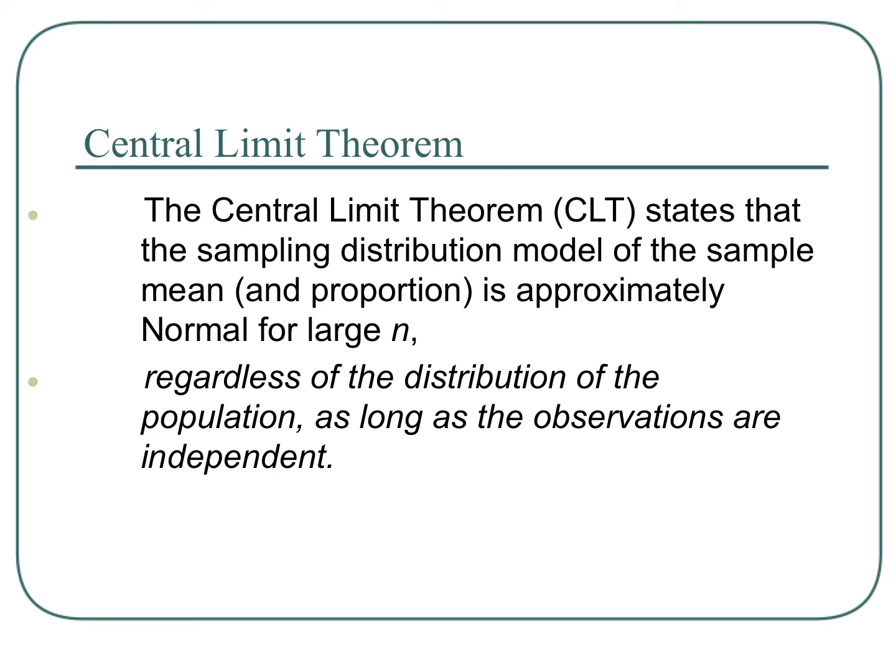If I take 25 or 30 people, average their income, put it on a graph, and do that over and over again, that graph is going to be normal. If I take 100 people and average their income and do that over and over again, that graph is going to be normally distributed. And therefore, we can use the normal model to make estimations and observations.